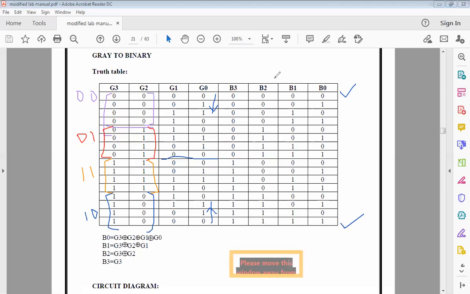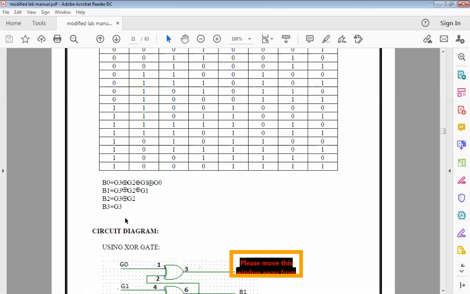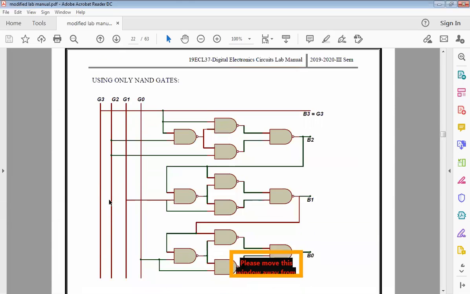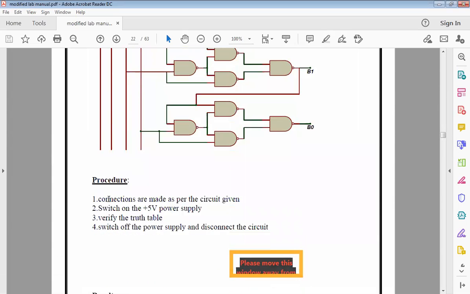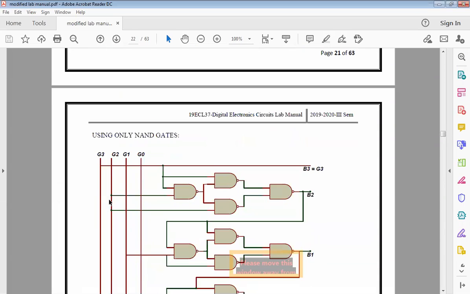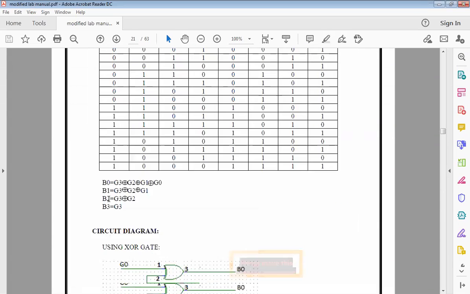Once we have these values as well, we can represent them in the K-map, and once these are put up in the K-map, we will get these equations. Once we have these equations, we can directly represent the logical diagram and the universal diagram. So this is about your experiment, wherein you are trying to convert from one form to another.